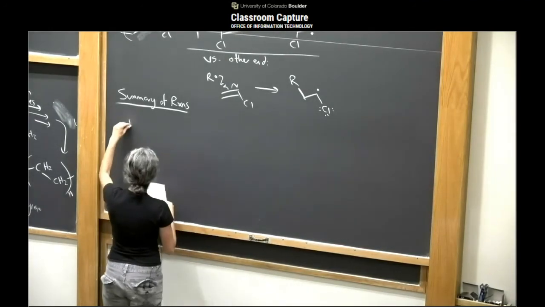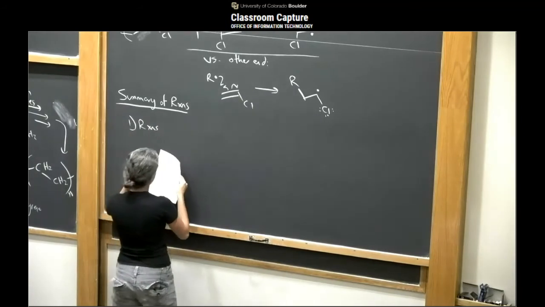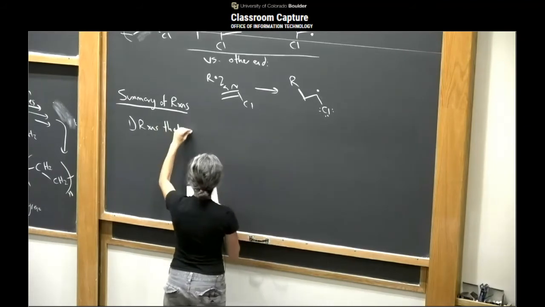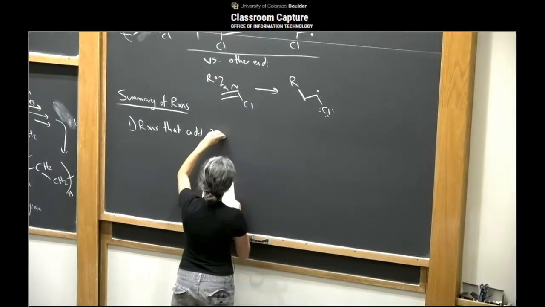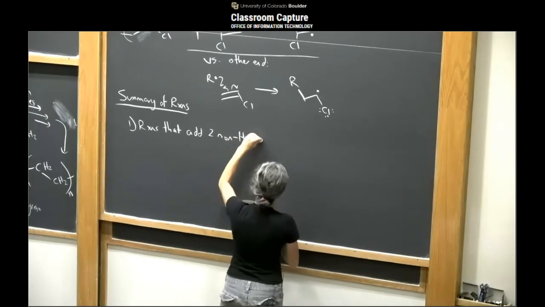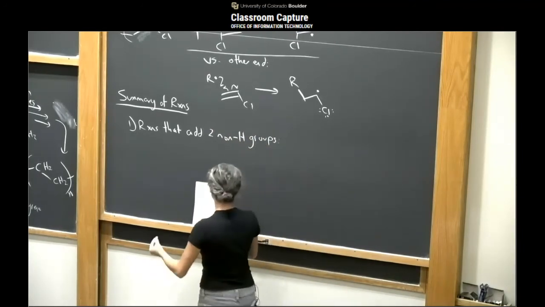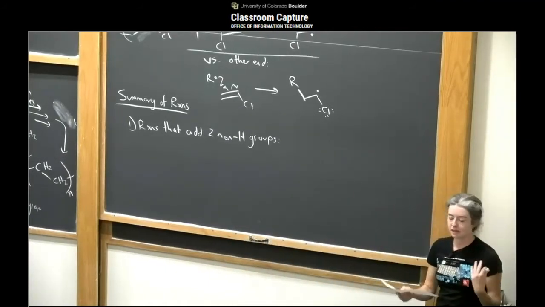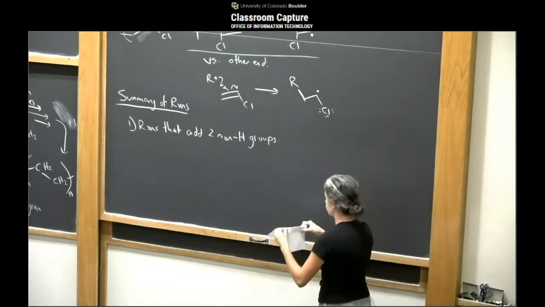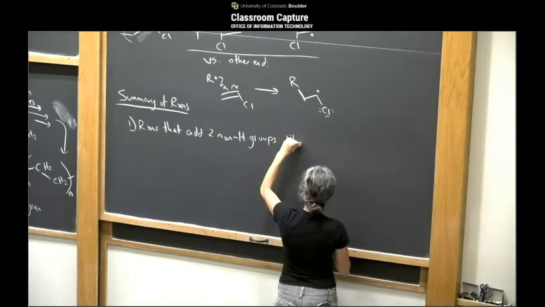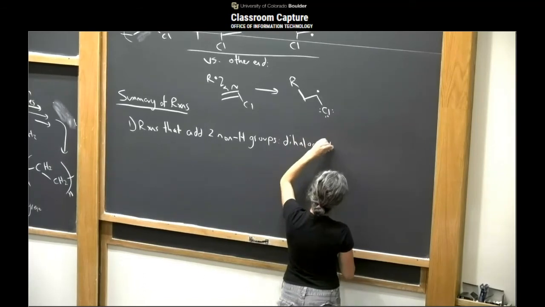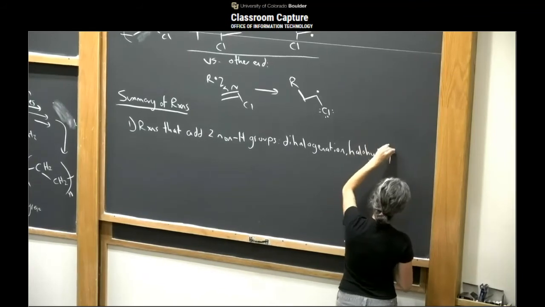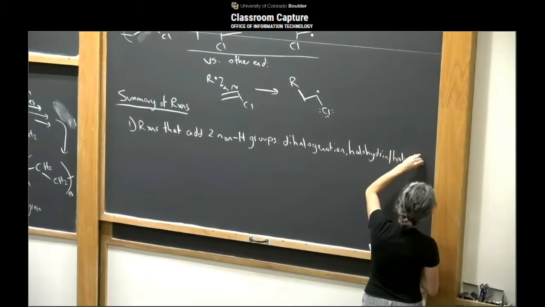Okay, so I'm going to break it down by what groups get added to the molecule. So I'm going to do reactions that add 2 non-H groups. These are the ones that we covered at the start of chapter 5, the ones that make the bromonium ring, pretty much all the ones that we've covered. So dihalogenation and halohydrin or haloether formation.